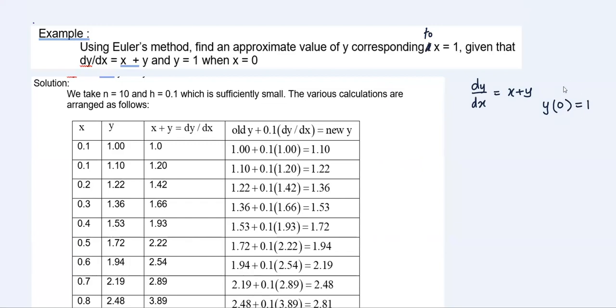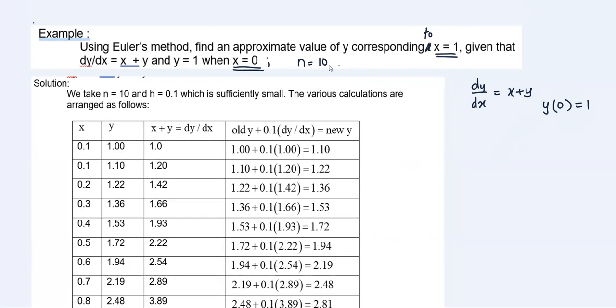That means when x equal to 0, y equal to 1. So this is given to us. Now, it has not been specified, but suppose we take n equal to 10. I know the value at x equal to 0. I want to find the value at x equal to 1.